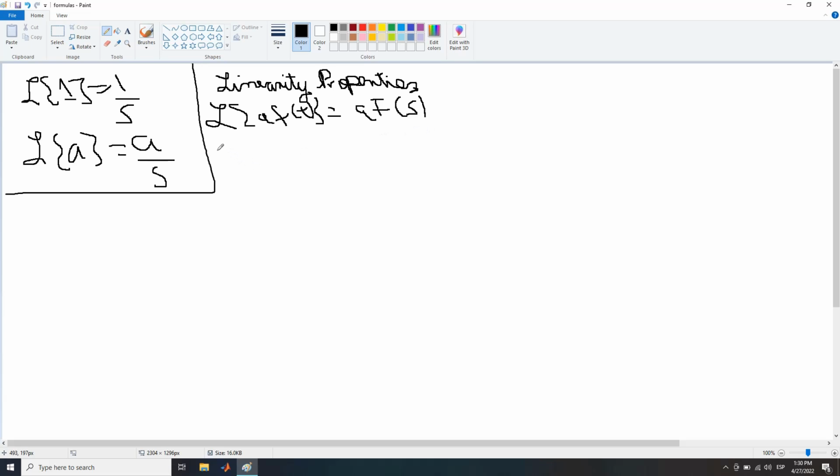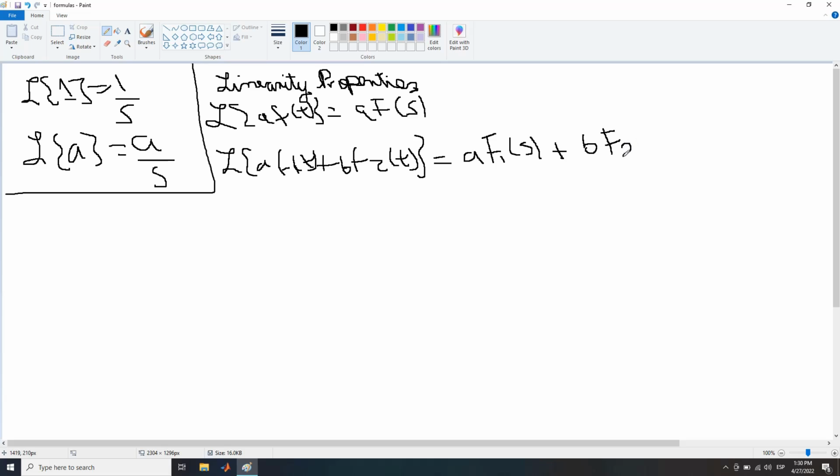And if we have the Laplace transform of a sum of functions f1 of t plus f2 of t, each one multiplied by its own constant a and b, this will be equal to the Laplace transform of the first function multiplied by constant a plus the Laplace transform of the second function multiplied by its constant b. Don't worry, we will check this with examples.